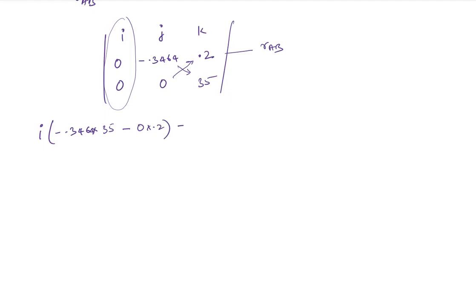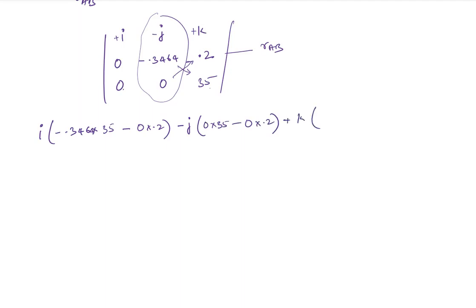The way it goes is we think of this as plus i minus j plus k. Minus j. Now it's time to close this part and multiply these things. So 0 times 35 minus 0 times 0.2, plus k.